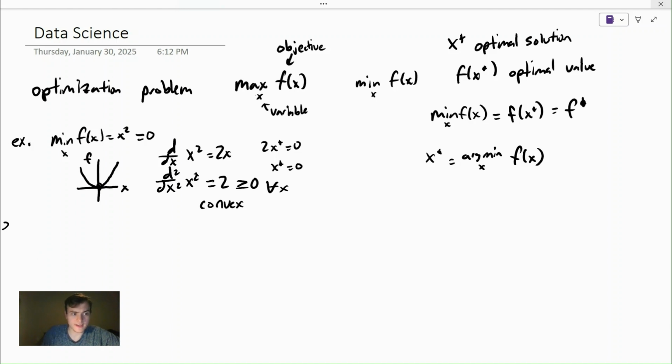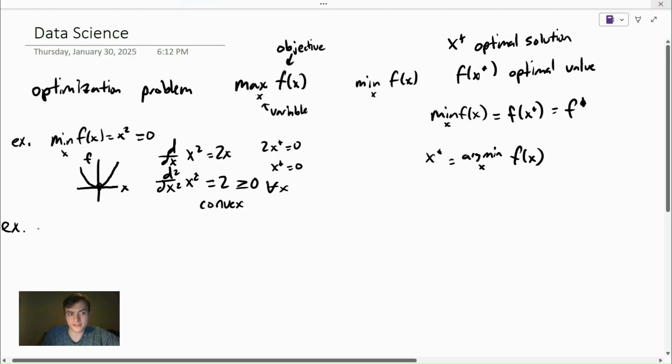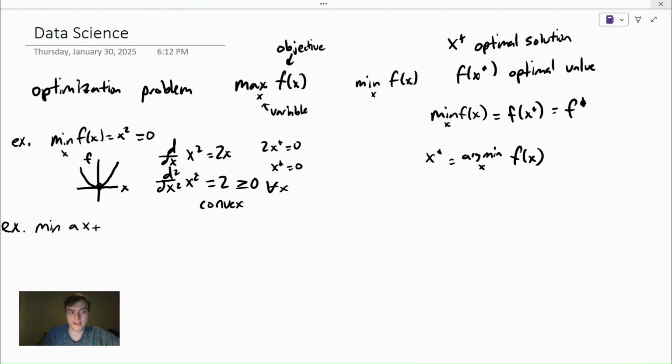If we look at a slightly more complicated example, still pretty simple: minimize ax plus b over x. Now our objective f of x is a linear function of x. x is still our variable, and a and b are called parameters.